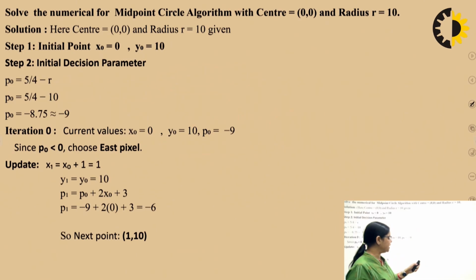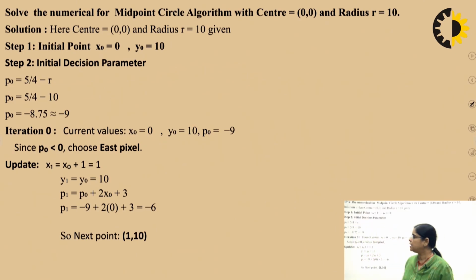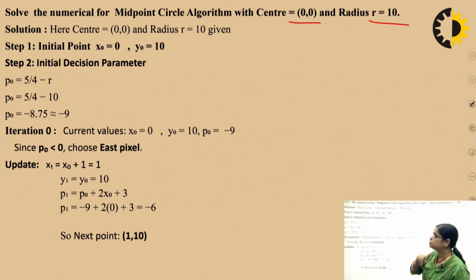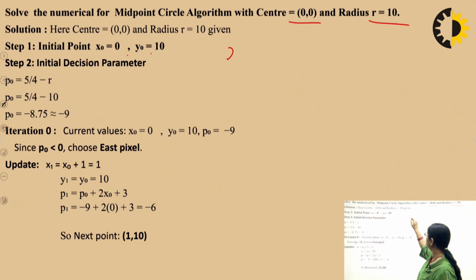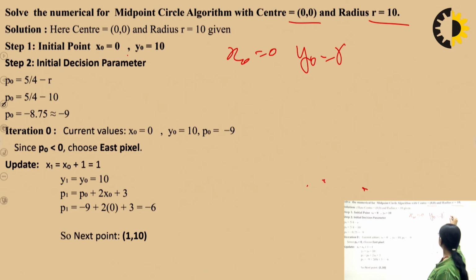Now, I have taken a numerical example for you all. You see that I have taken the center 0, 0 and the radius is 10. If you remember, in the algorithm x naught is equal to 0 and y naught is equal to r, that is 10.